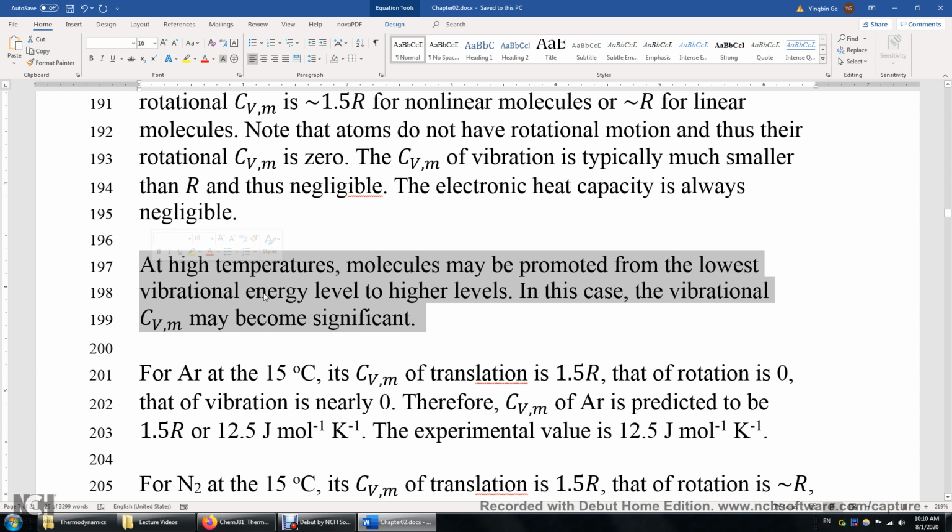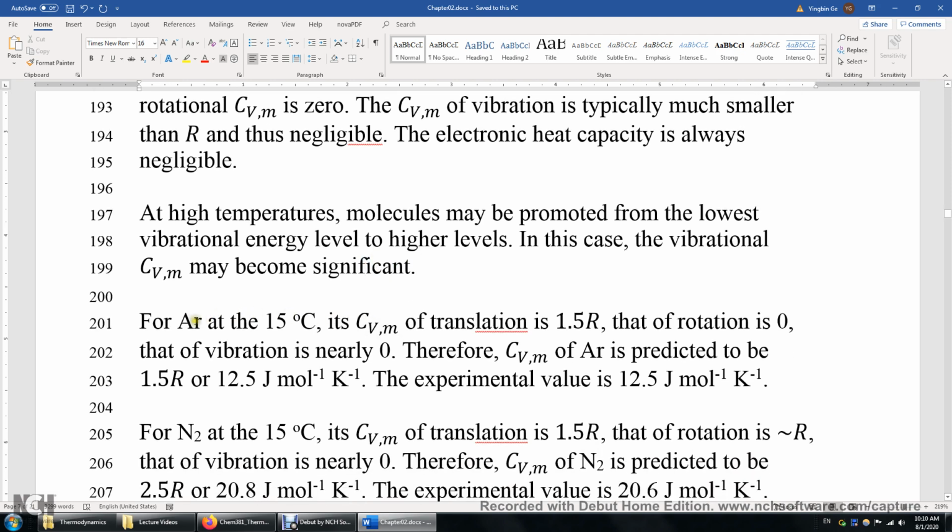That is when the vibrational frequency of the molecule is very small, such as iodine 2. The vibrational frequency of the iodine 2 molecule is very small. Therefore, it's easier to promote iodine 2 molecules from the lower vibrational energy level to a higher vibrational energy level. So let's look at a few examples.